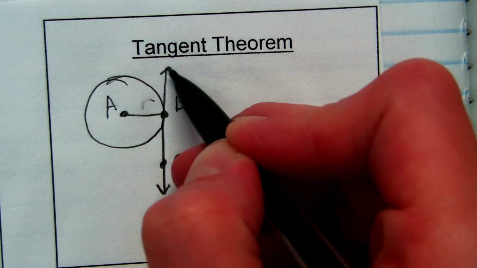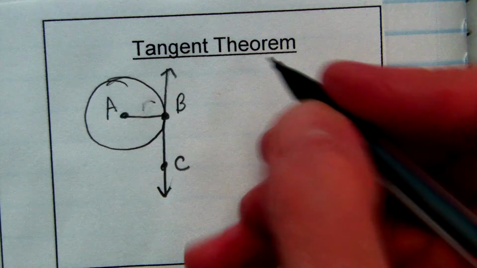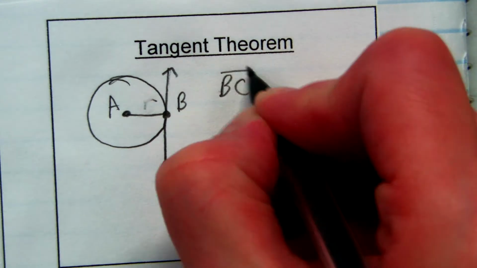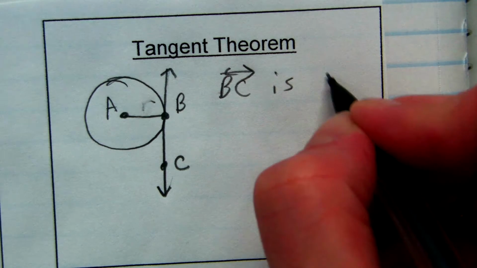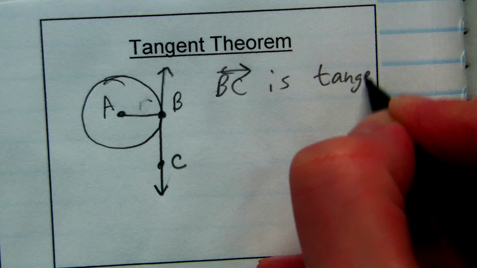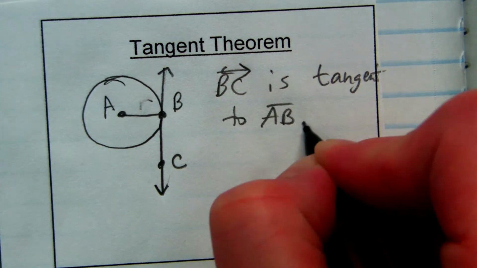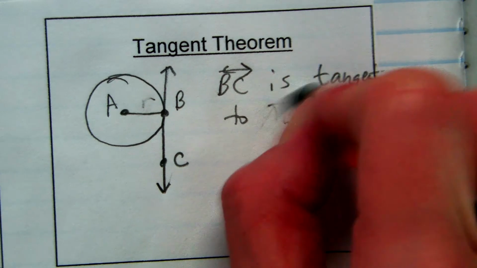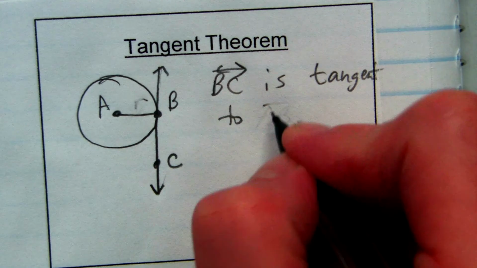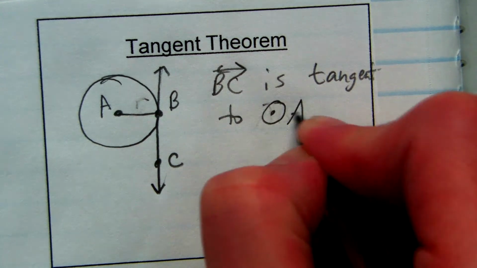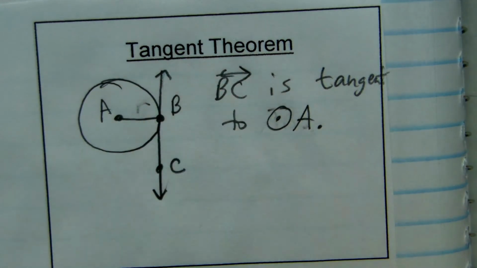So this line, BC, is tangent to circle A. That's sort of the given information.